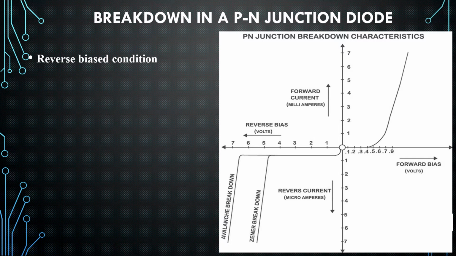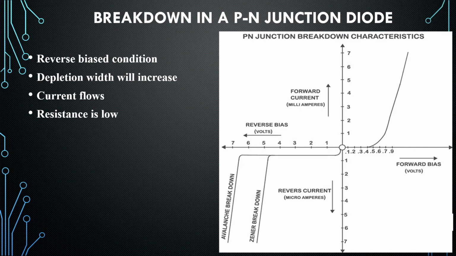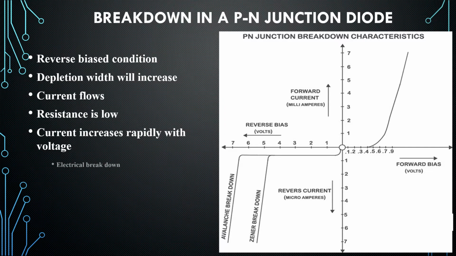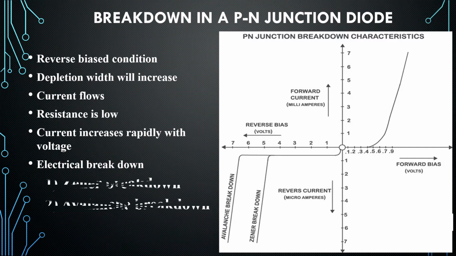Therefore, breakdown occurs when the diode is reverse biased. There is an increase in the width of the depletion region while an increased current flows. This indicates a decrease in resistance, and an electrical breakdown can occur for any material like a conductor, insulator, semiconductor due to two types of occurrences, Zener as well as avalanche breakdowns.